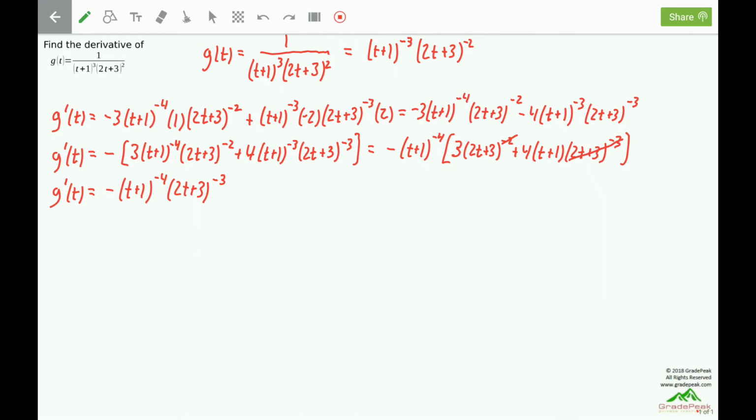And then here we'll be removing, by adding a 3, you get a 0, and anything to the 0 is a 1. You fully remove that. There's what you should have left. And so this will give me 3 times 2t plus 3, left over there, plus 4 times t plus 1.